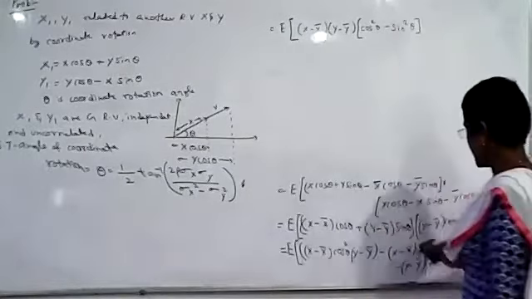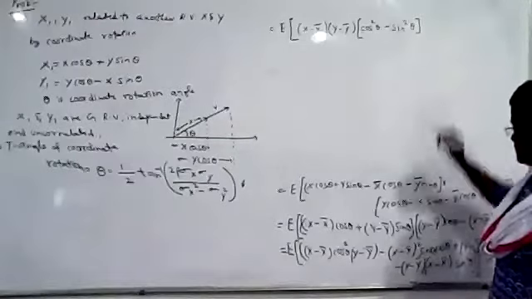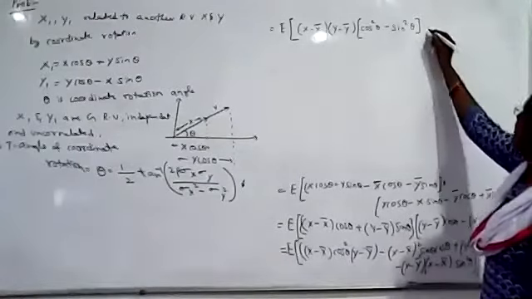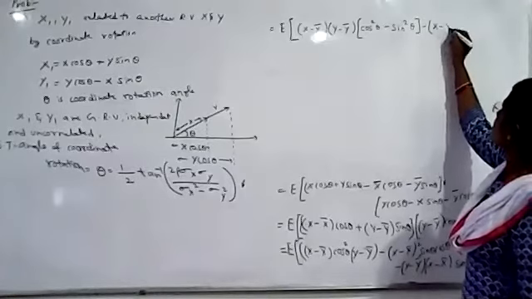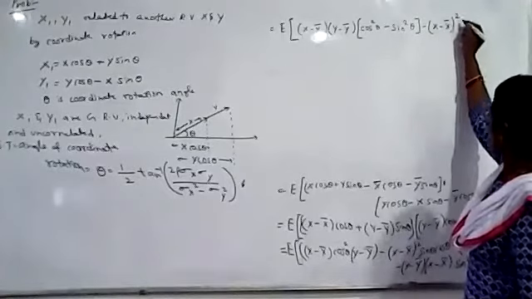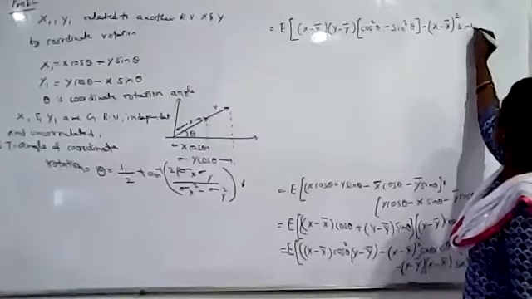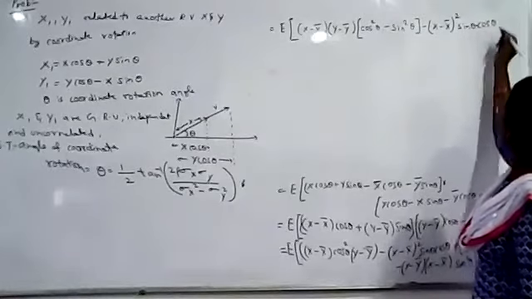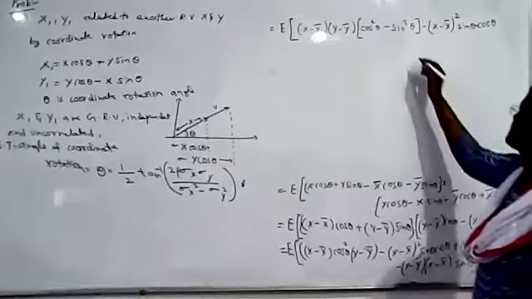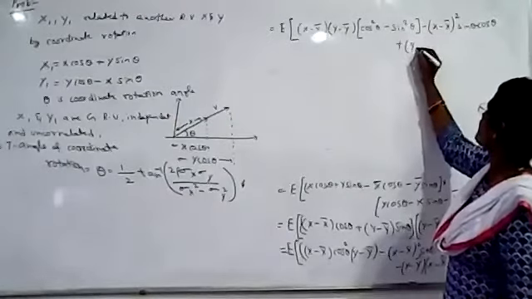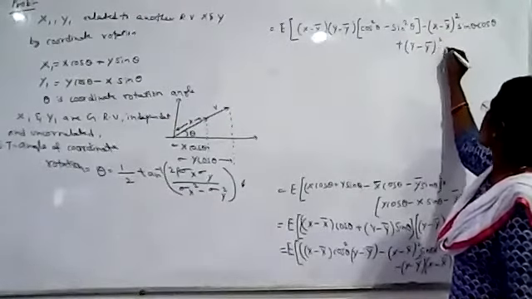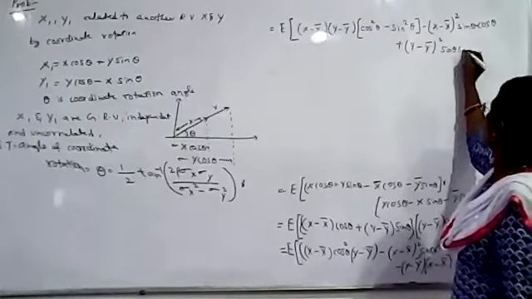Okay. Then see this term here, we get expected value of x minus x bar square sin theta cos theta. Whereas this term is plus y minus y bar square sin theta cos theta.